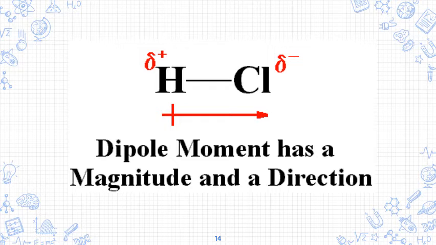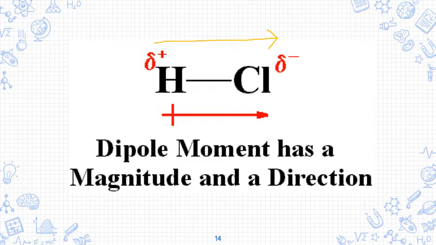So when we do this, we're going to draw an arrow. And just like this is illustrated here, I'm going to show you how I would draw it too. You're going to draw the arrow so that it is pointing toward the direction the electrons are going to go. So the electrons are going to the more electronegative one. They're going toward chlorine, so we're going to point it toward chlorine.